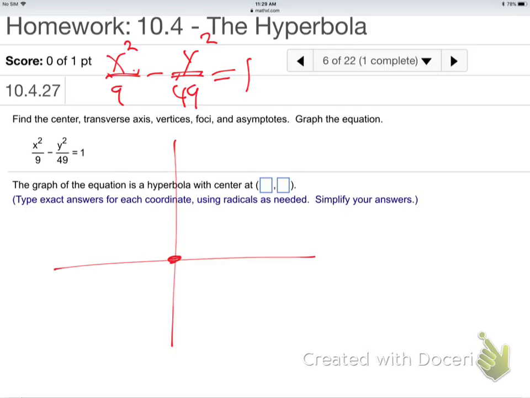Okay, what's underneath the 9? The x is 9, 3 squared. So right 3, left 3. And 7 squared, up 7, down 7. Make the dotted box.